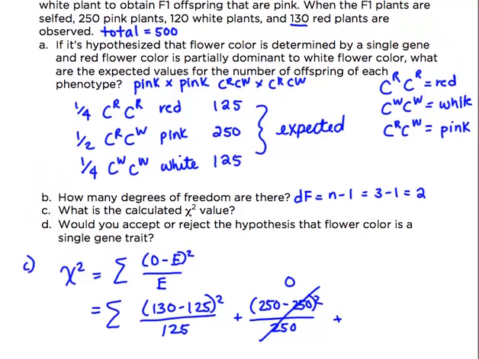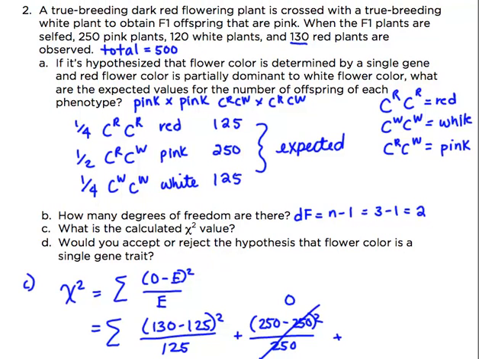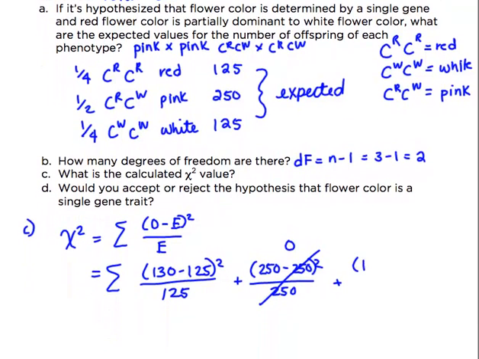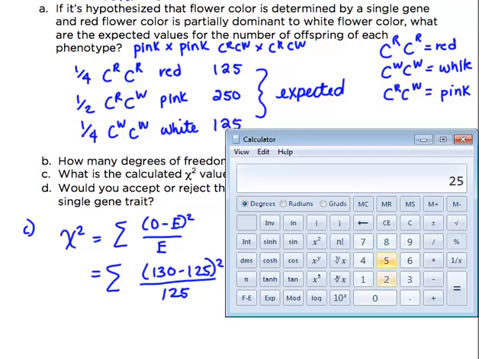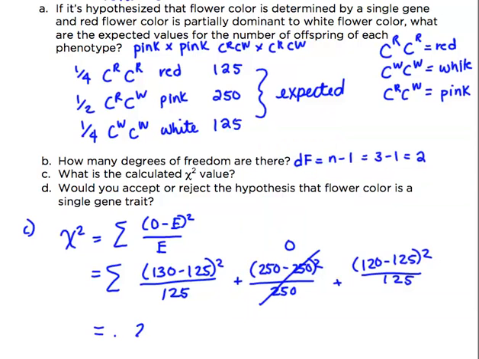Now for the white class, we observed 120, and we expected 125. So 120 minus 125 squared over 125. So we have 130 minus 125 is 5, squared is 25, so 25 divided by 125 equals 0.2. The second term is 0, as we said. And the third term, 120 minus 125 is negative 5, squared is positive 25, again over 125 is 0.2. So therefore the total chi-square value is 0.4.